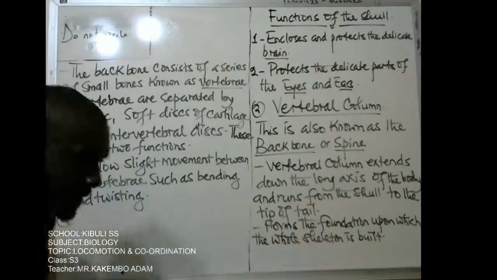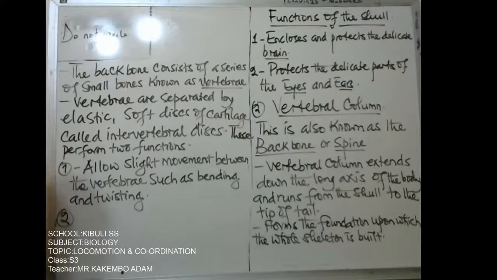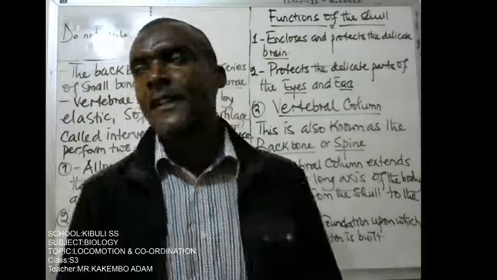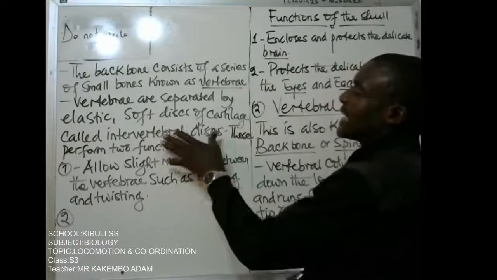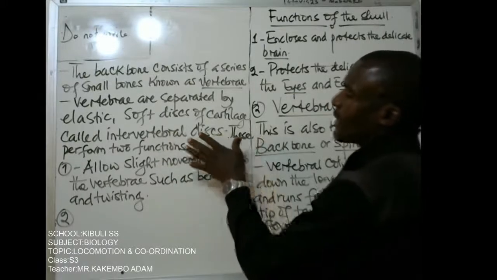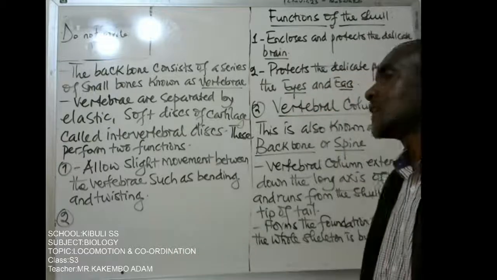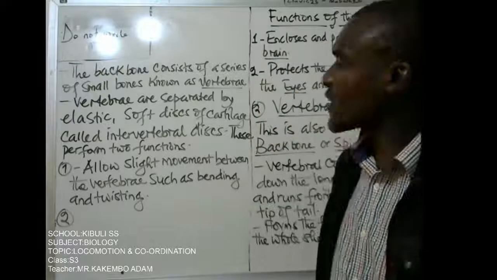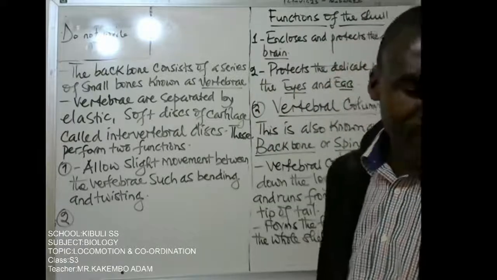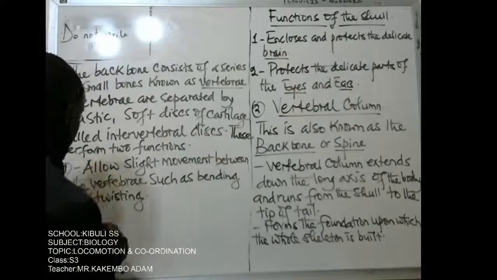So we can easily bend our backs, twist our backs because of that flexibility in between the vertebral bones. Then the other function of the intervertebral discs, they also act as shock absorbers.